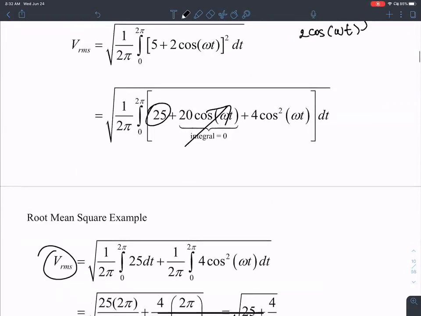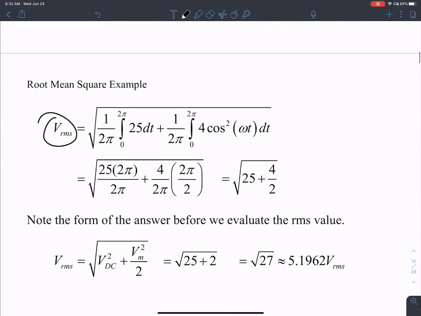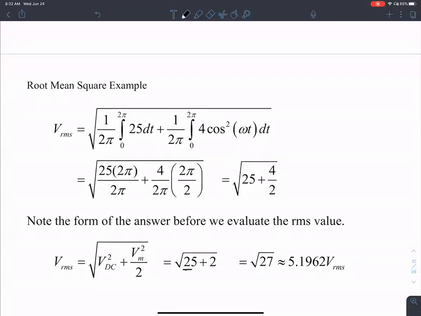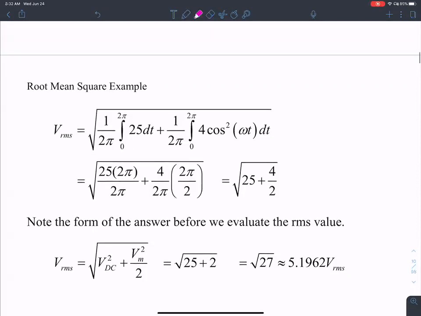Simply 25 plus 4 cos squared omega t. Then I can do the integration and then the square root and find that this is VDC squared plus Vm squared over 2, all of that under root.